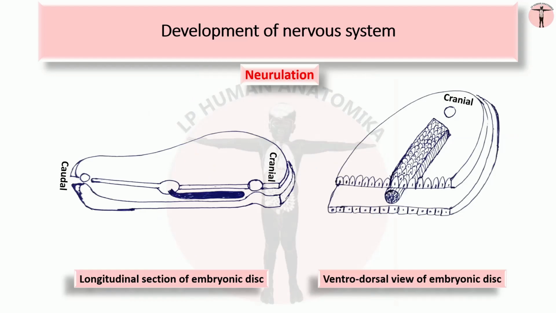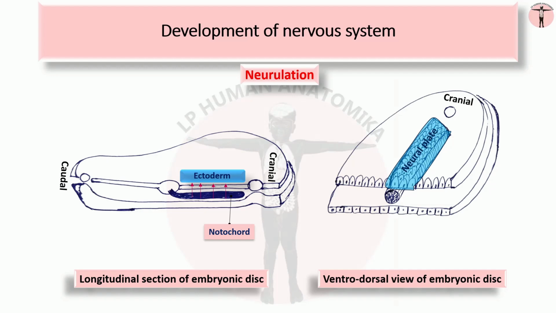Neural plate and neural tube. As the notochord develops by the end of third week, it induces the ectoderm over it in the median plane to thicken and form an elongated plate of neuroepithelial cells. This thickened plate of neuroepithelial cells is called neural plate.